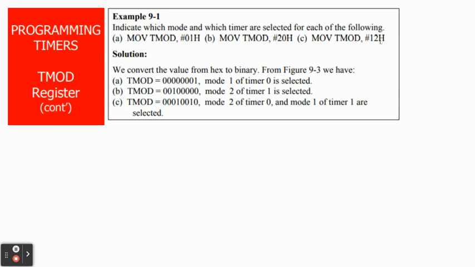As you can see here, timer 1, mode 1, and timer 0, mode 2. So that's the answer for letter C. Or you can say it in reverse, mode 2 of timer 0 and mode 1 of timer 1. So this is how to identify the timer and the mode that you are using given the assembly language program for TMOD. Later on, I will show you how to write that in C language.